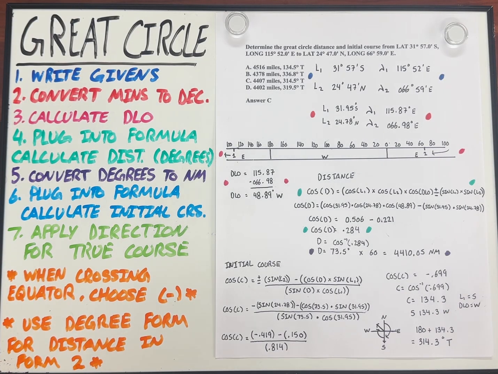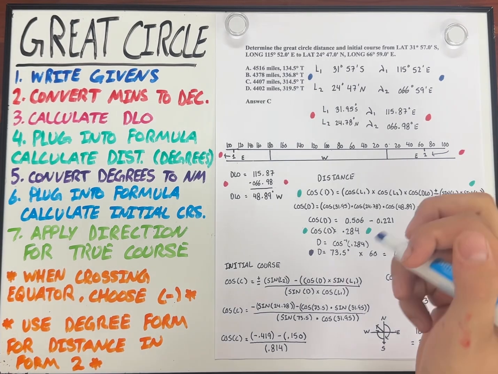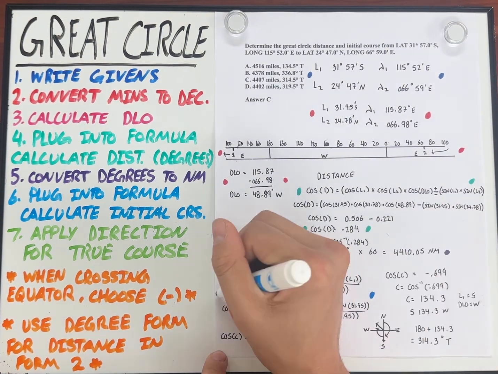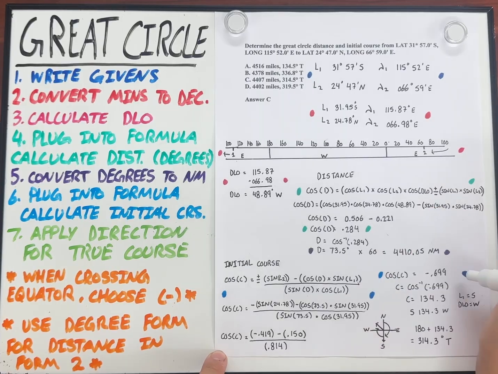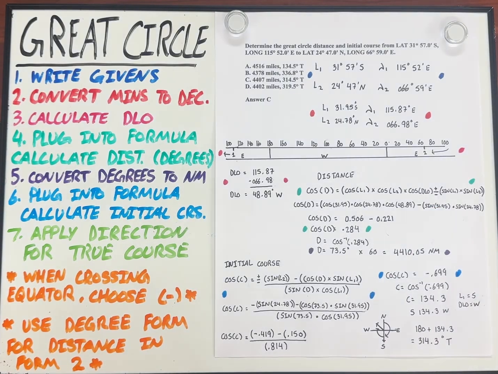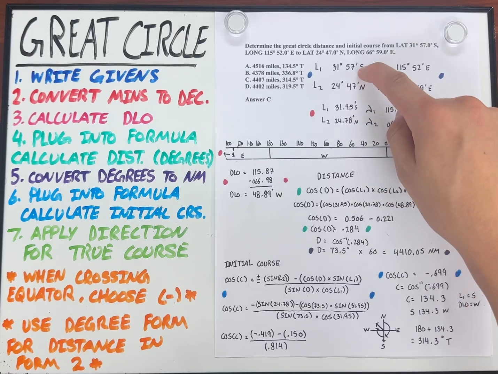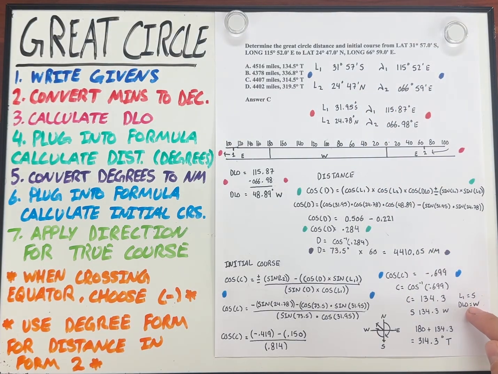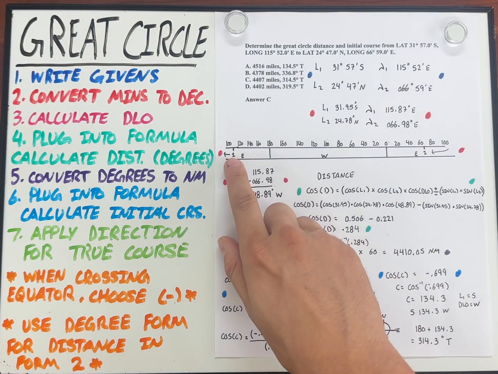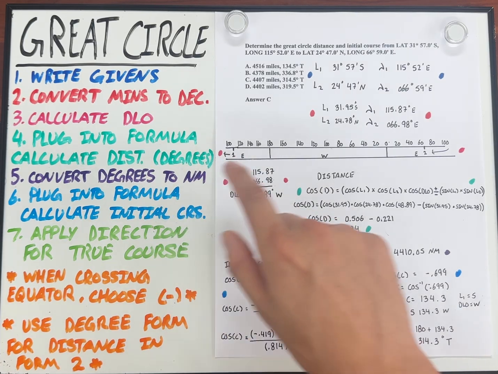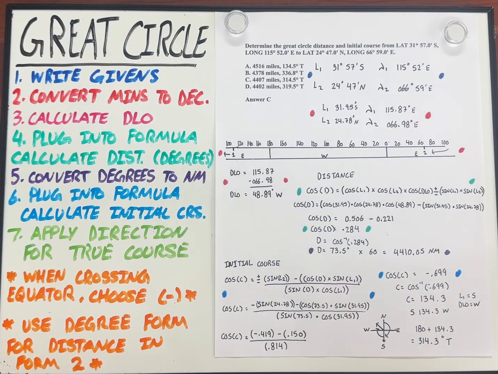How do we assign this a direction? Let's plug this into the formula. We take our direction from our latitude 1, which is south. We take our difference of longitude, which the direction is west. Why? Because we're starting at 115 degrees east and going toward 66 degrees east.